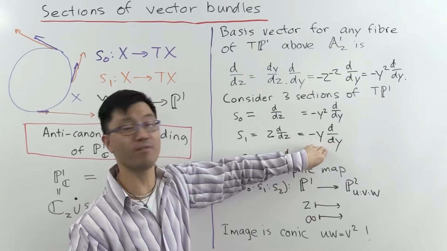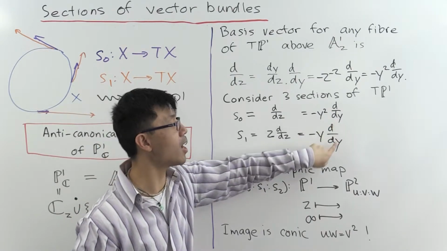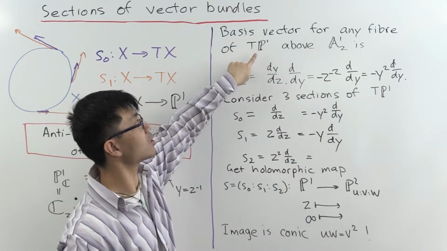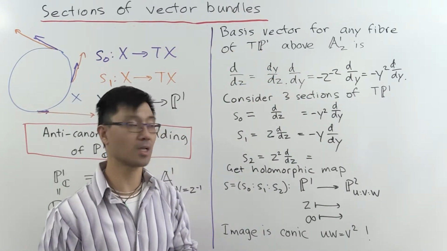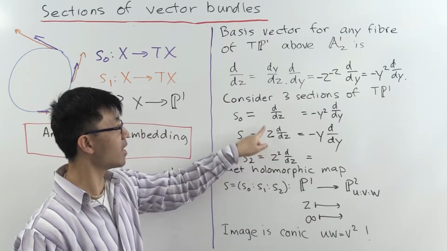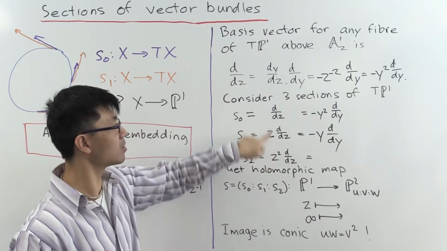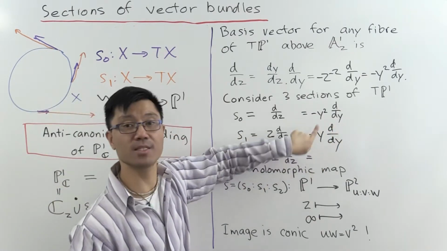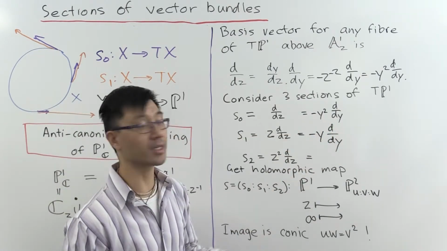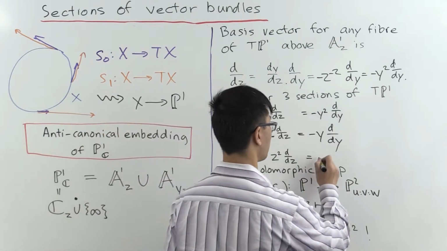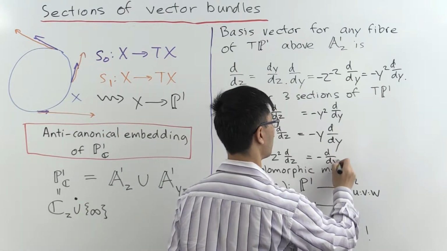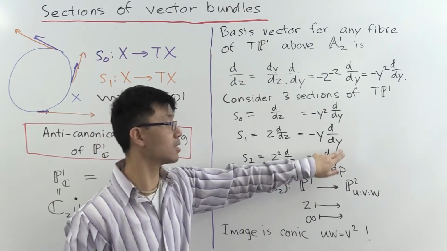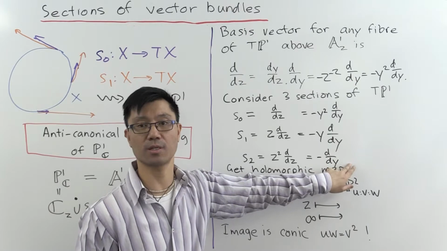In fact, it's the 0 vector inside here, because this d/dy is going to be a basis for the tangent space at infinity. Okay, let's keep going. We can multiply this one here also by z, so it's z squared times the original, and that means that you multiply this over here by y inverse, and you get minus d/dy. So here you just get minus 1 times the standard basis vector that I chose.